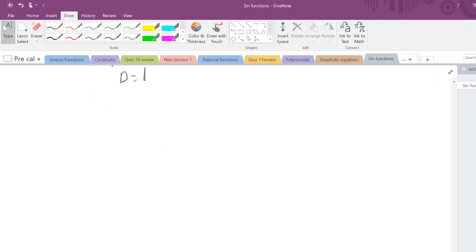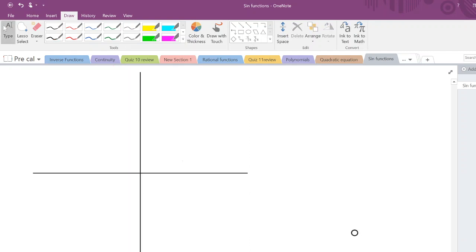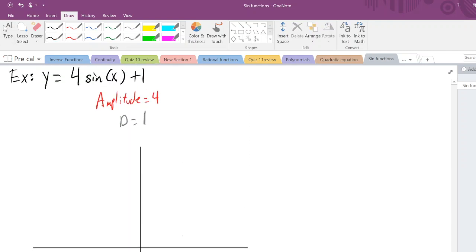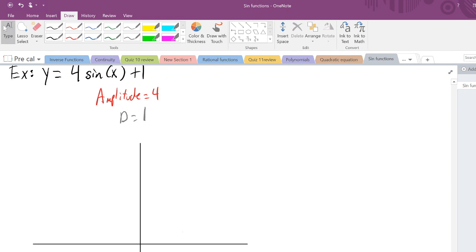Okay, so now let's graph this. Oh, wrong color. Once again. There it is. That's pretty good. Now, the first thing I'm going to do is focus on my vertical shift, because that's going to be my new midline. That's going to be my new x-axis.